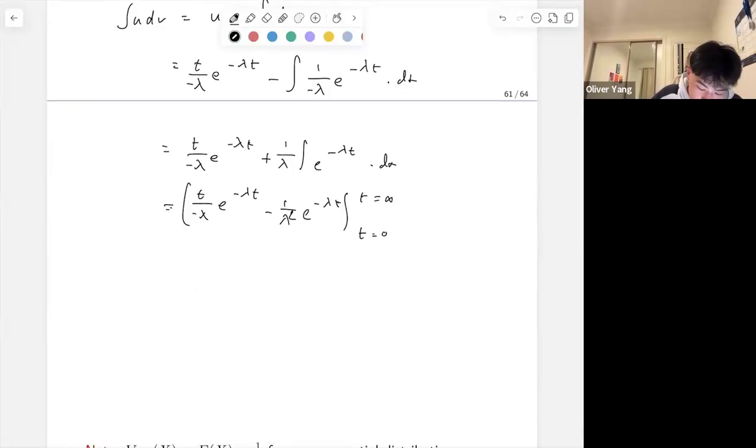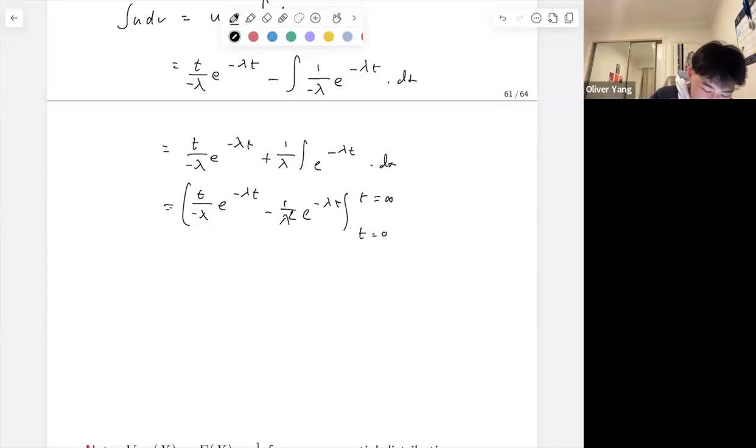So we're going to do our upper bound first, which is infinity, and you can't really sub in infinity, but you can just take the limit, right? Just see how the function does, where it approaches.